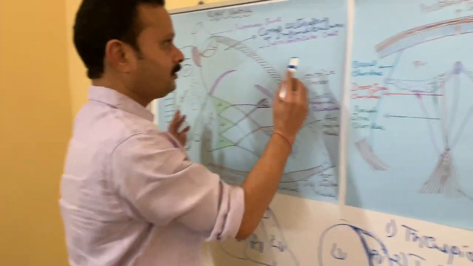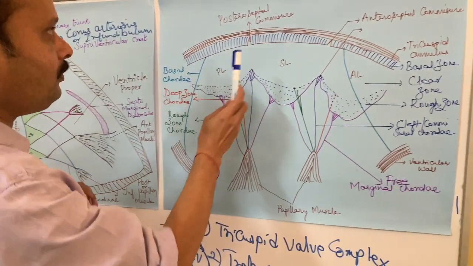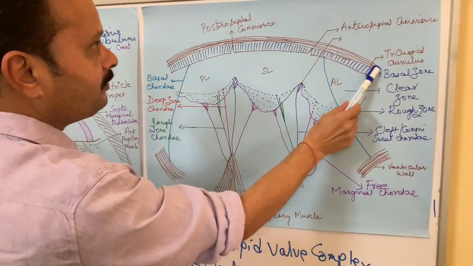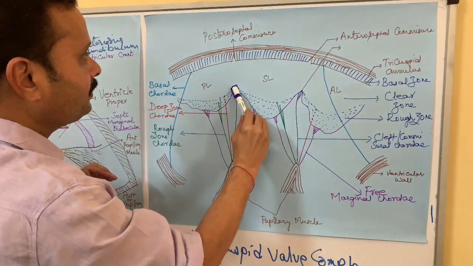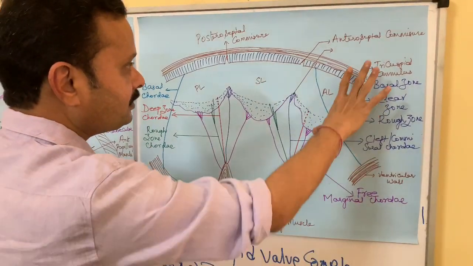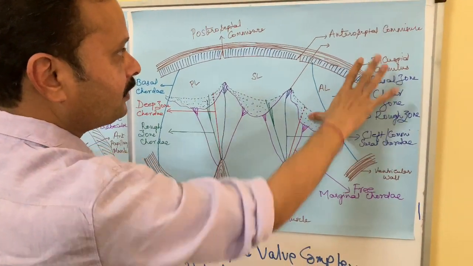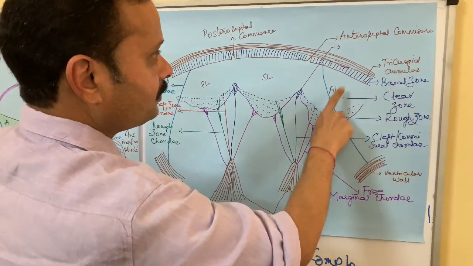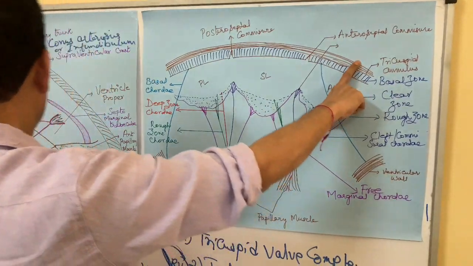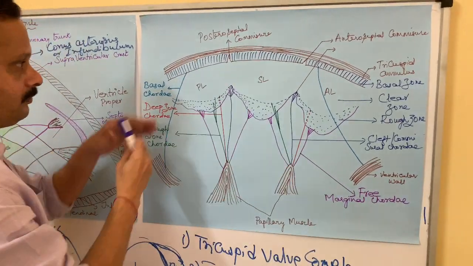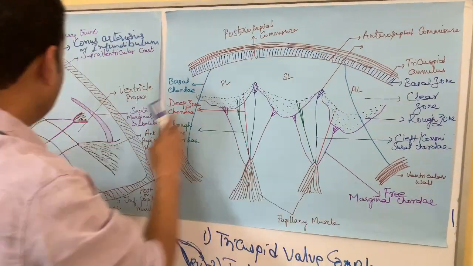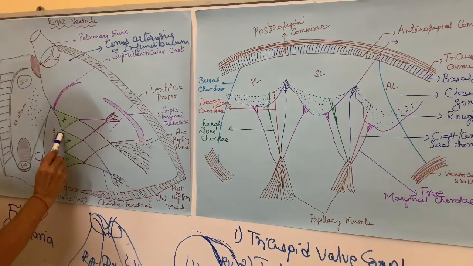If you see here, this is the tricuspid annulus, and this complete portion is one valve: this is the anterior valve, this is the septal valve, and this is the posterior valve.